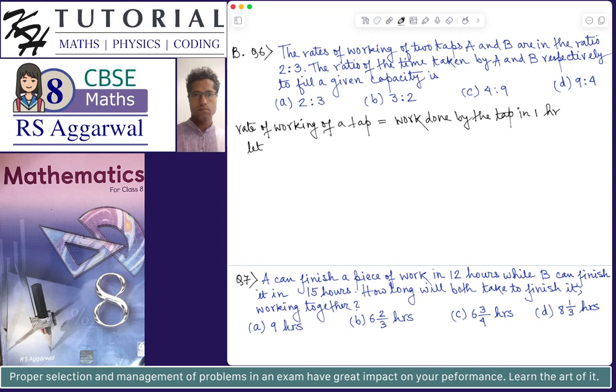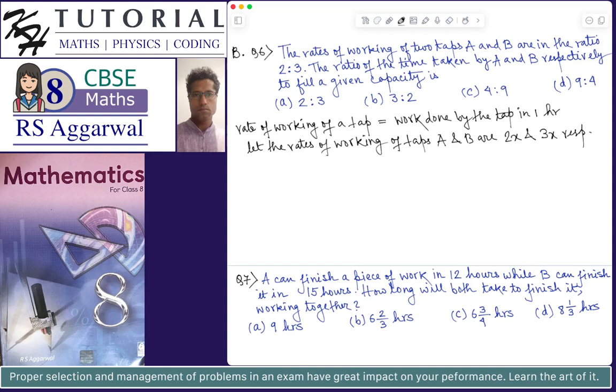So, we will assume the rates of working of the taps A and B based on the given ratio. Let the rates of working of tap A and B be 2x and 3x respectively.